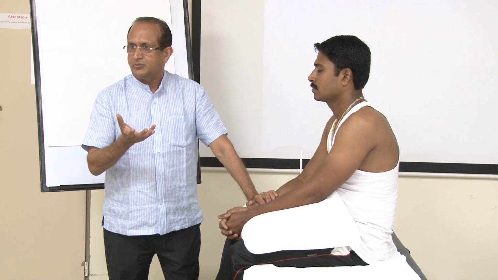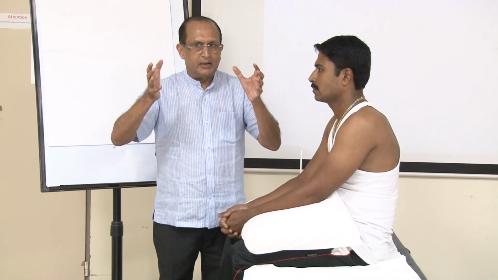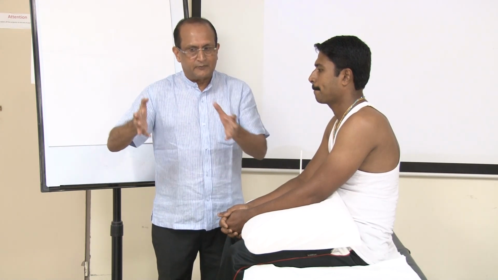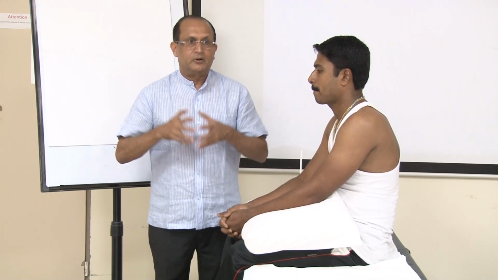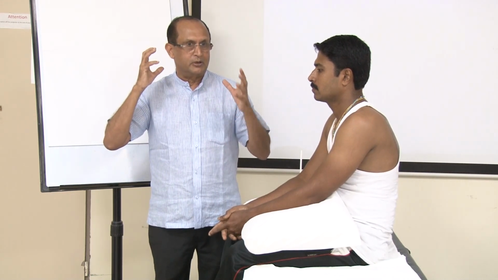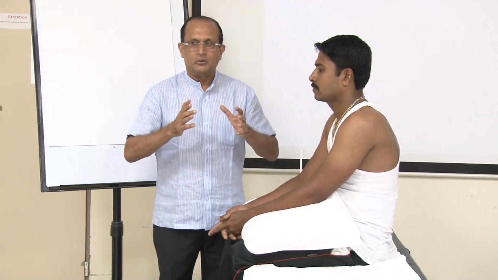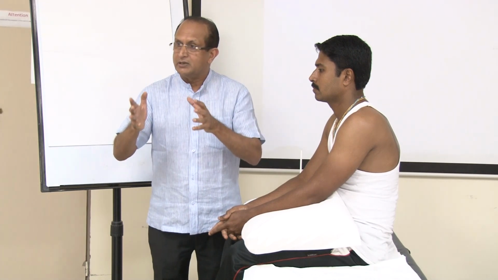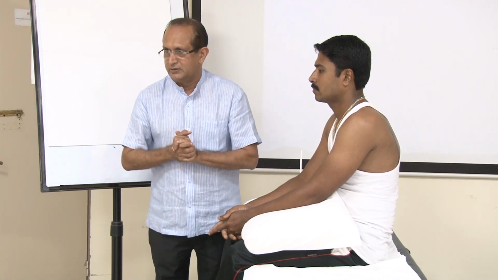What is the difference? Non-paralytic squint develops because of malalignment of the visual axis from childhood. The visual axes are not aligned properly, so the fusion of the image does not occur properly in the brain. That produces the non-paralytic or congenital squint.